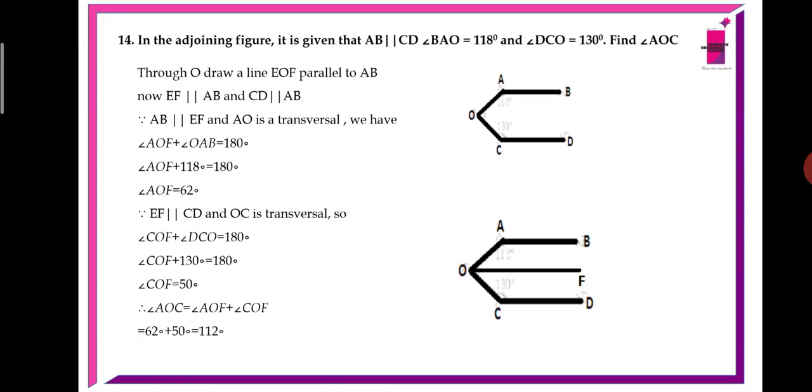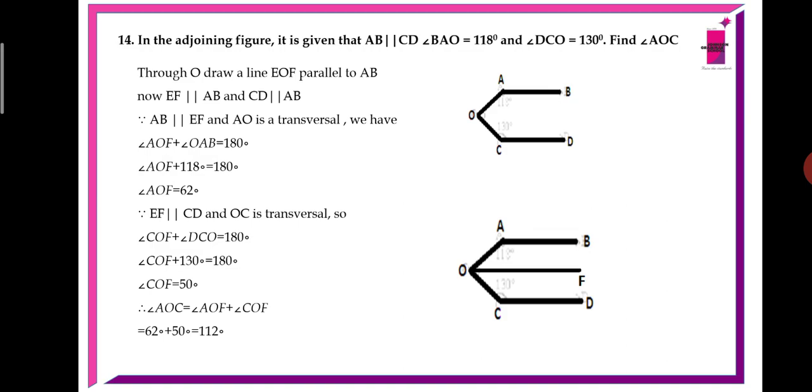Question number 14. In the adjoining figure, it is given that AB is parallel to CD, angle BAO equals 118 degrees and angle DCO equals 130 degrees. Find angle AOC. To find angle AOC, first of all, through O draw a line EOF parallel to AB, as shown in the second figure.